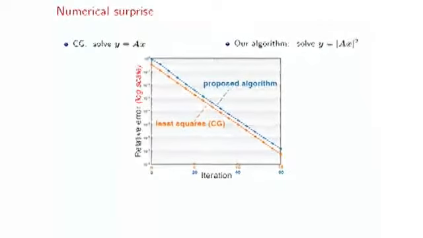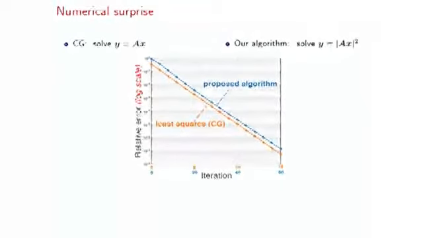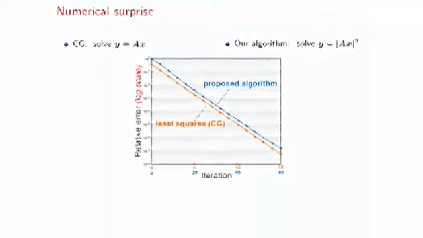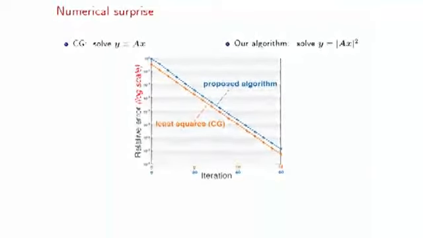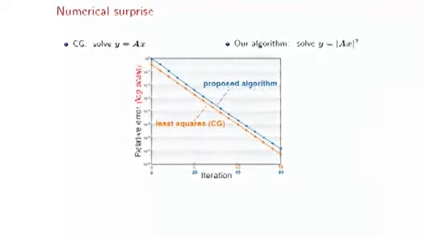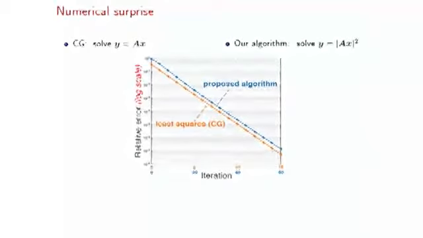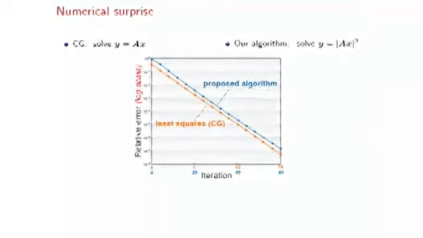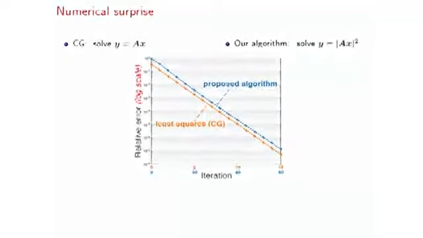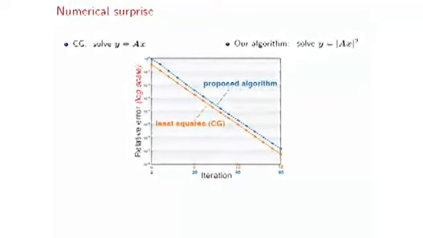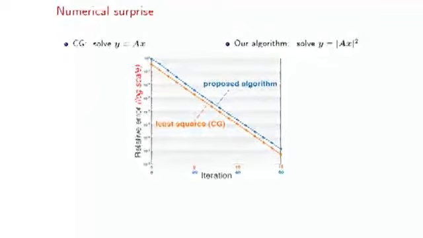I plot relative error as a function of iteration count. To facilitate comparison, I rescale the iteration count axis so that each iteration for our algorithm is about 4 times that of the iterations for a least square problem.